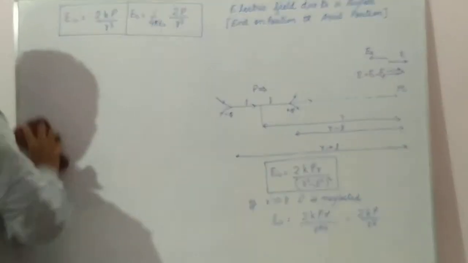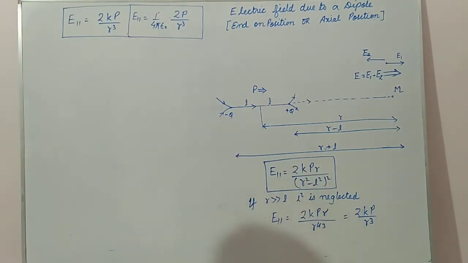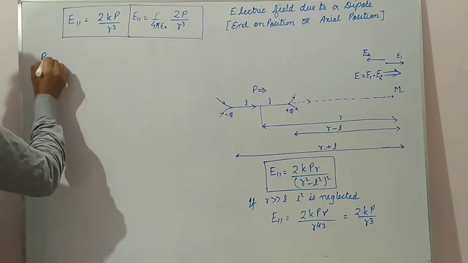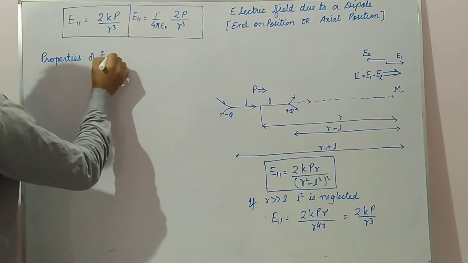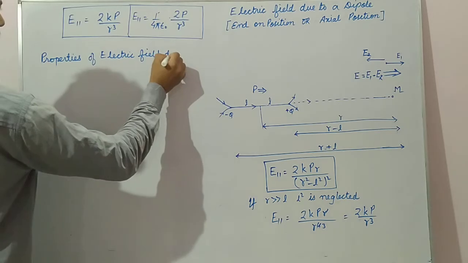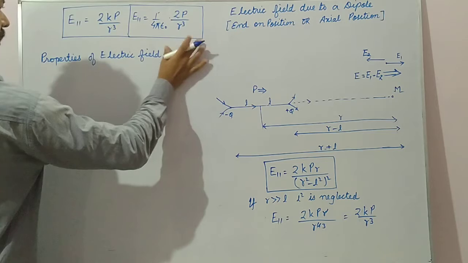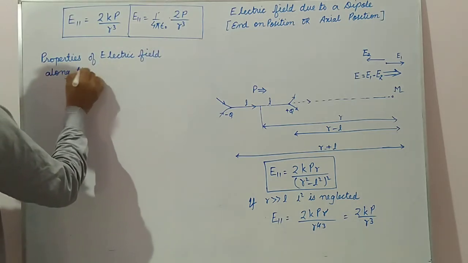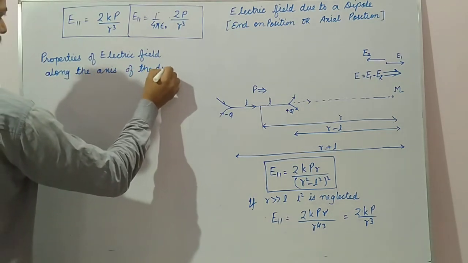Now see here, electric field along the axis of the dipole is 2kpr by (r square minus l square) the whole square, or 2kp by r cube. Now, properties of electric field along the axis of the dipole.